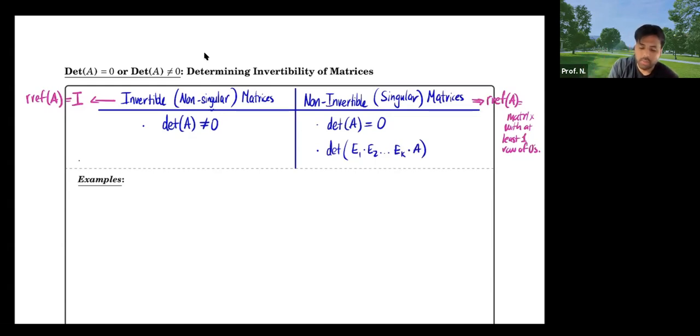I get a matrix with a row full of zeros. So this would give me a 0. But what happens when I do it to an invertible A? I always get elementary row operations, right?